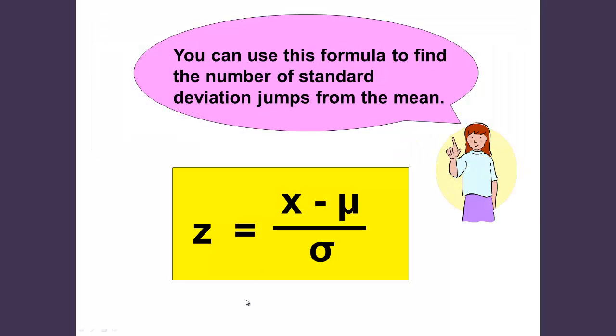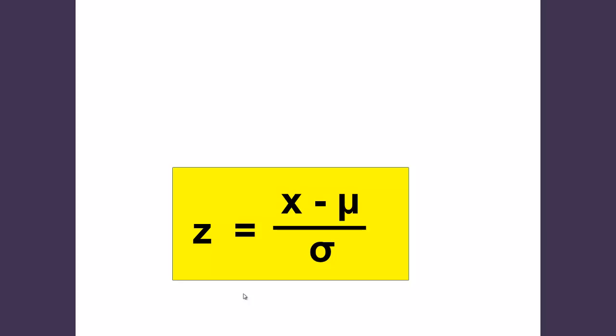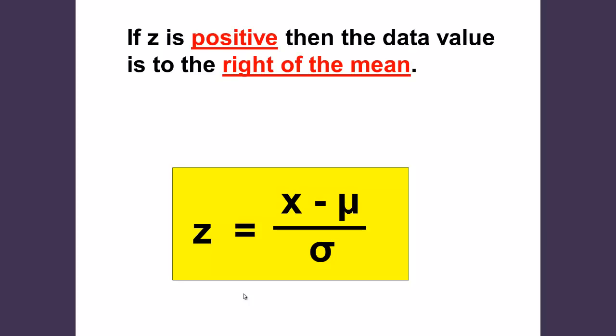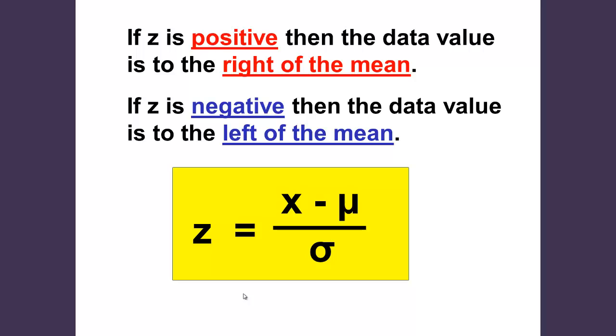You can use this formula to find the number of standard deviation jumps from the mean. If z is positive, then the data value is to the right of the mean. If z is negative, then the data value is to the left of the mean.